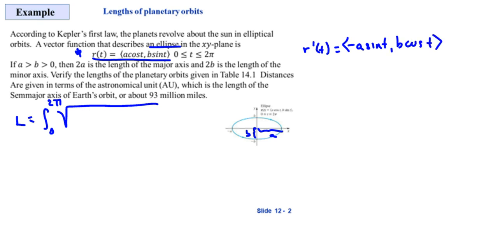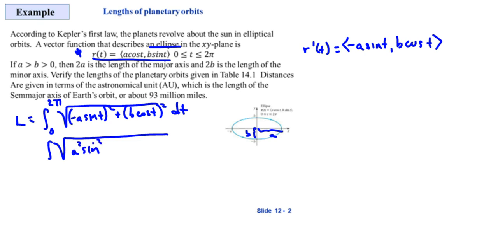So we're going to have negative a sine of t squared plus b cosine of t squared dt. I'm doing it in general, and I'll plug in the a and the b values later. Okay, so this is a squared sine squared plus b squared cosine squared.